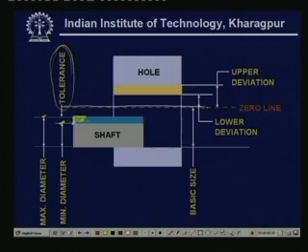This is the line, this is the tolerance zone. So, this could be a fundamental deviation, or this is also sometimes referred to as a fundamental deviation.